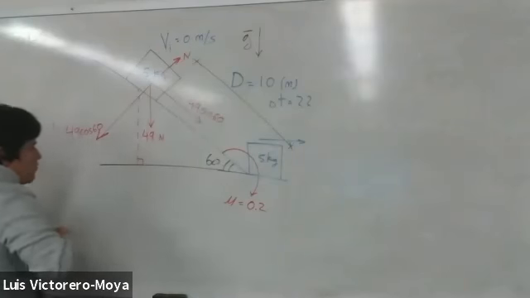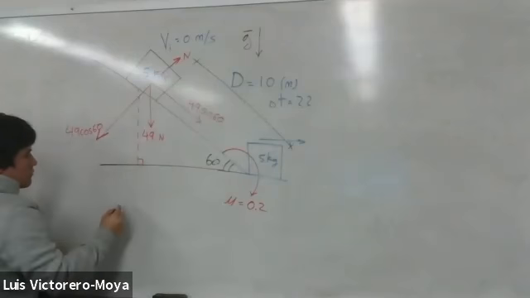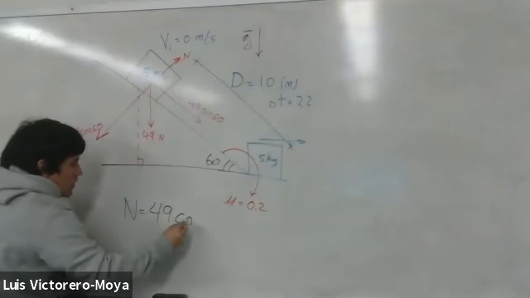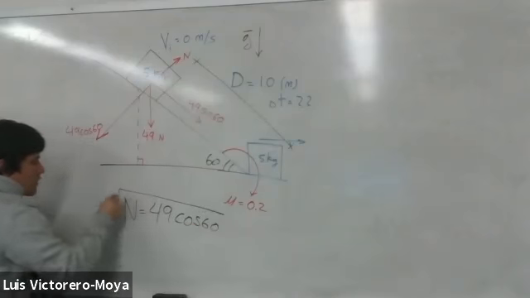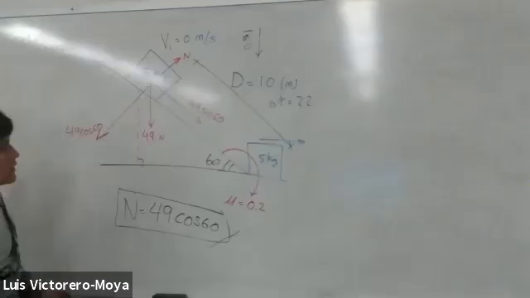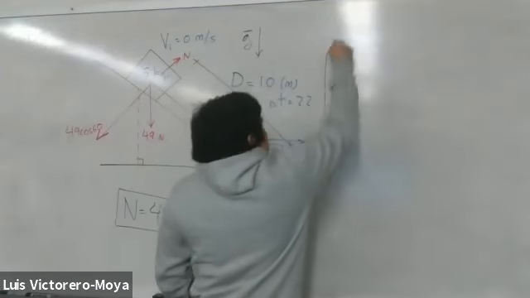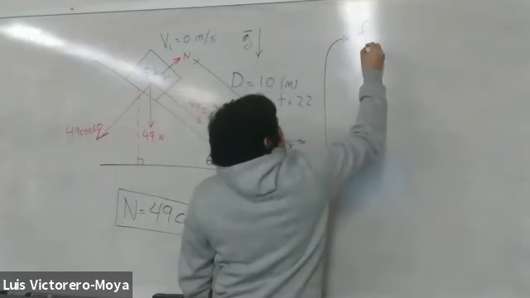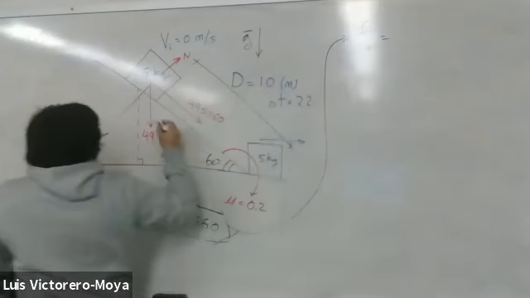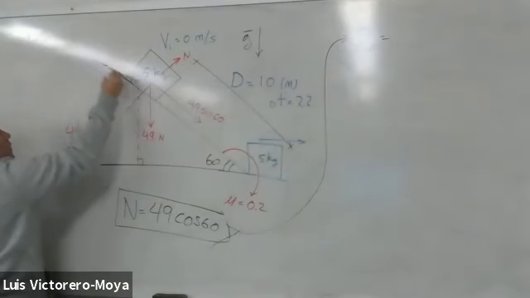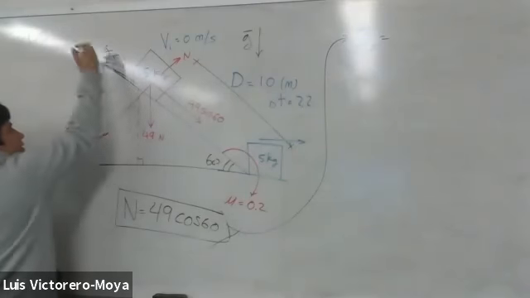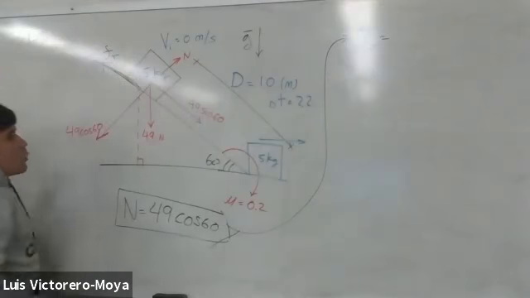So I have that my normal is 49 cosine 60. So now I need this because now I can find with this the friction, mu, the friction acting on the body will be like this. The body is falling, the friction acts like that. Always opposite to the motion.